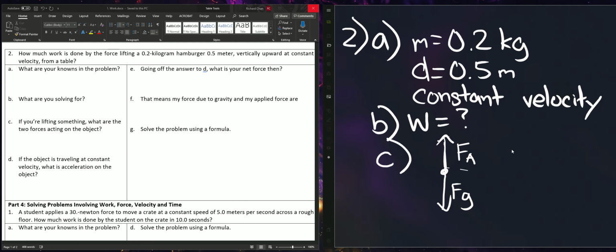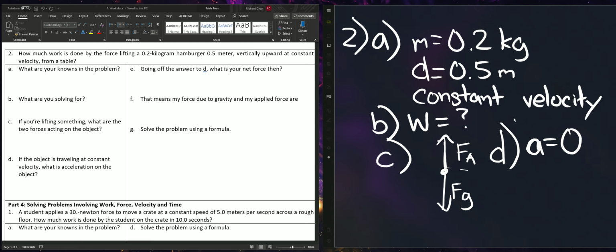Now, D says if the object is traveling at a constant velocity, what's the acceleration of your object? Your acceleration is 0. It's constant. We know that the definition of acceleration is changing velocity.